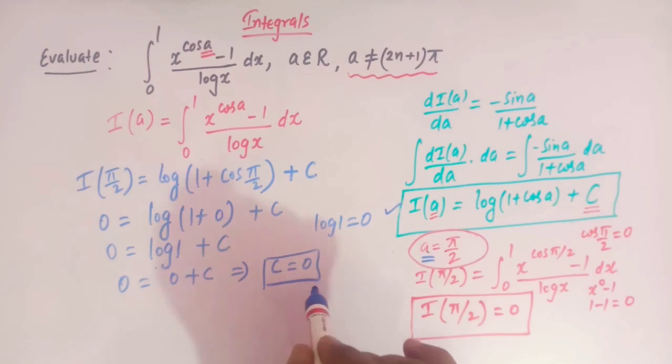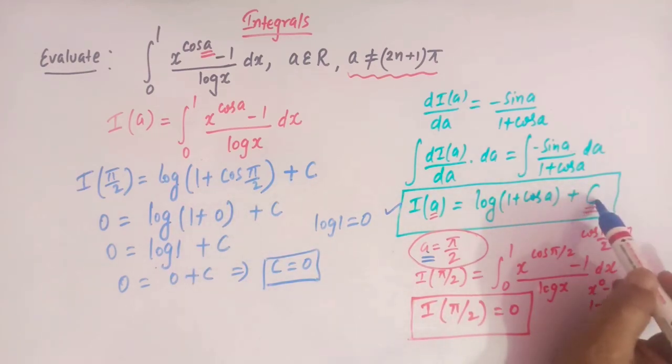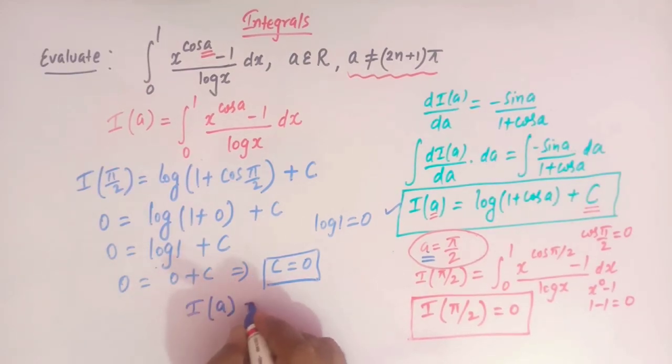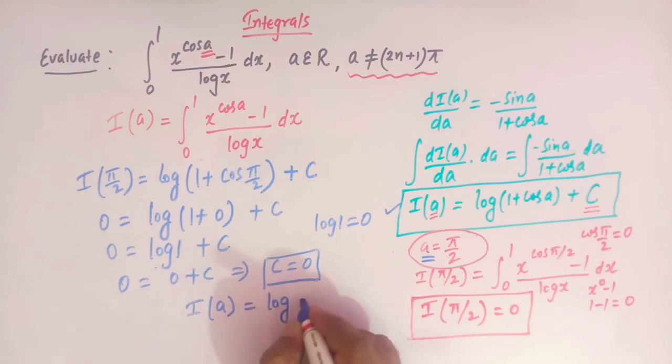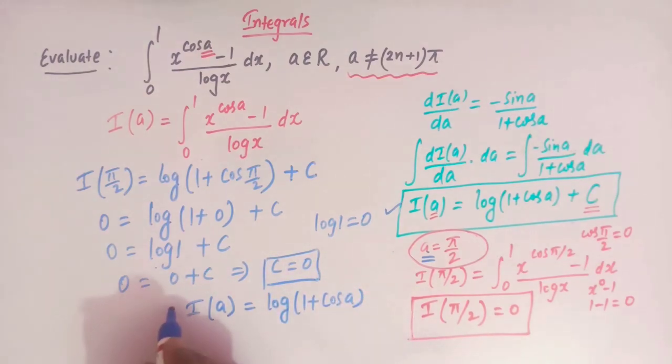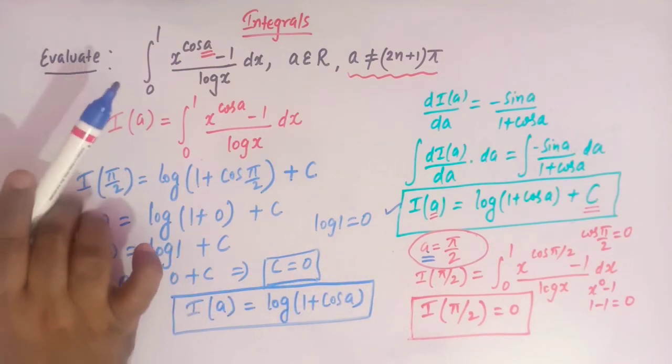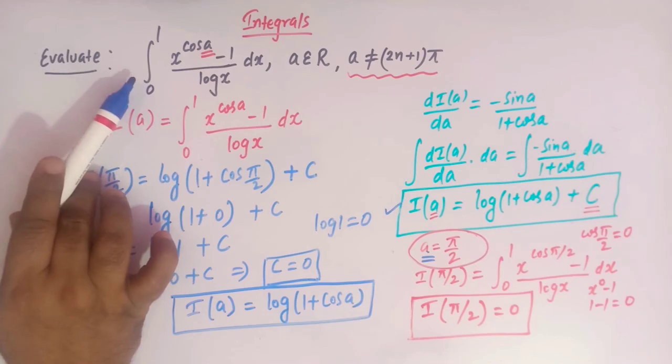So if we now take this value of c is equal to 0 over here, see what we get. We get I of a is equal to log of 1 plus cos of a, right? And I of a is nothing but our original integral, right?